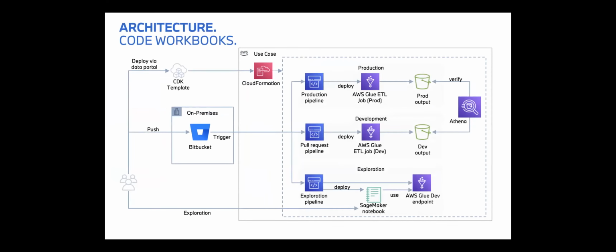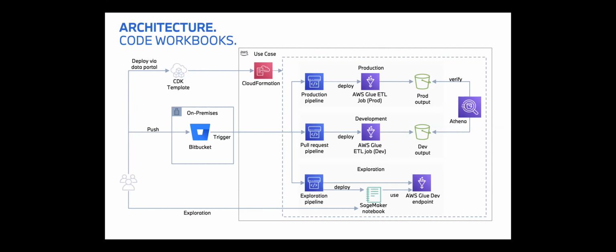Then on the use case side, we have something called code workbooks, and this is basically a template which makes it easier to develop those data transformations. And we are using our on-premise Bitbucket to store the source code of the transformation pipeline, and then we spin up 3 pipelines via CDK and CloudFormation.